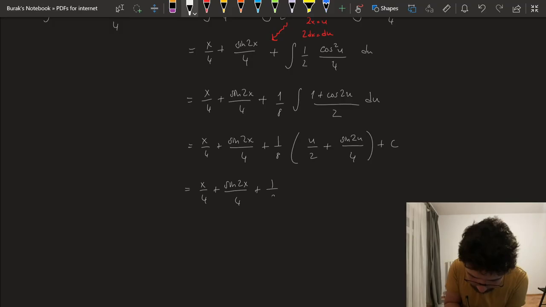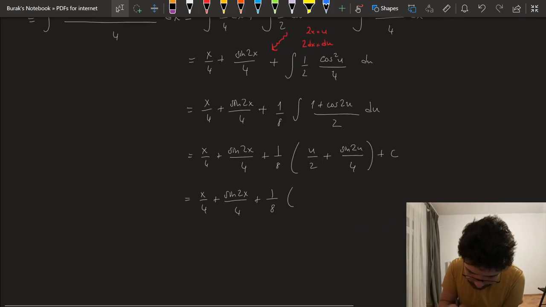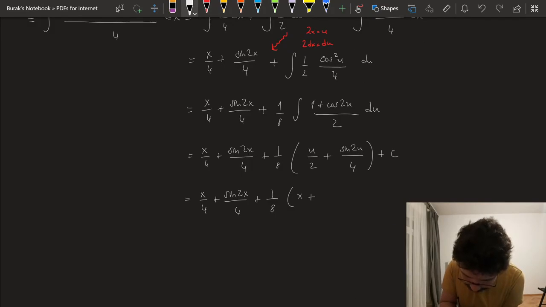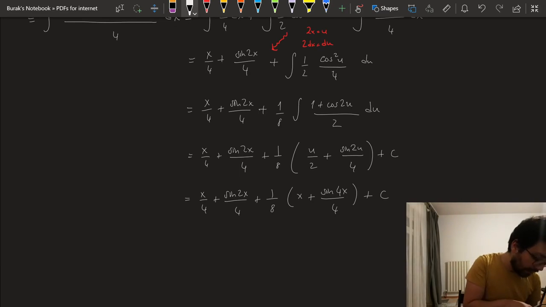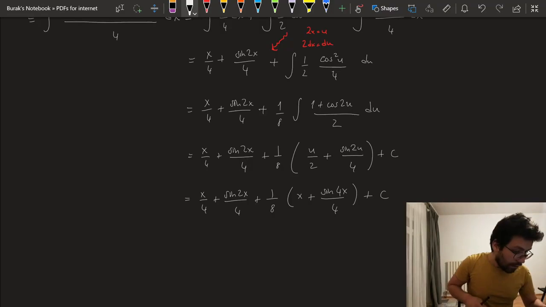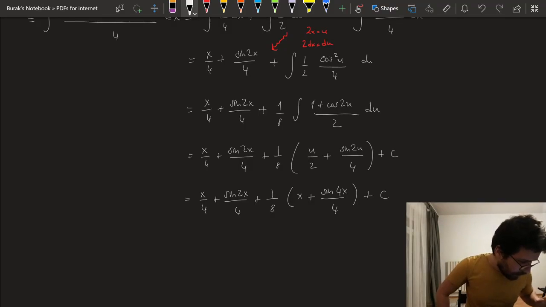So plus 1 over 8. My u is 2x, so it's going to give me x here, and sine of 4x divided by 4, and I have plus c. Okay, so this is the indefinite integral of cosine to the power of 4. So that's that.